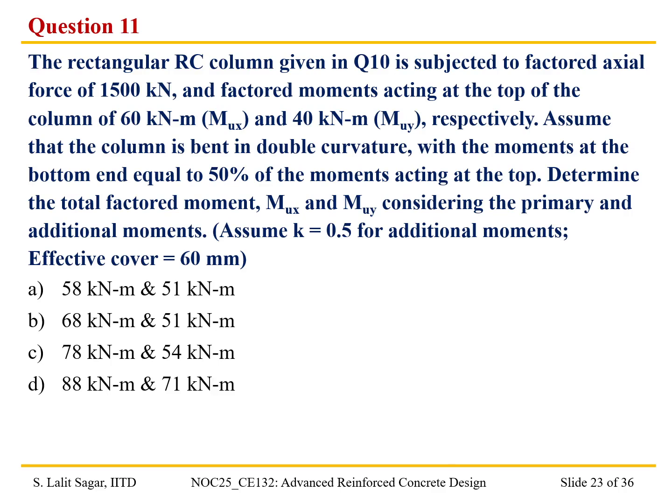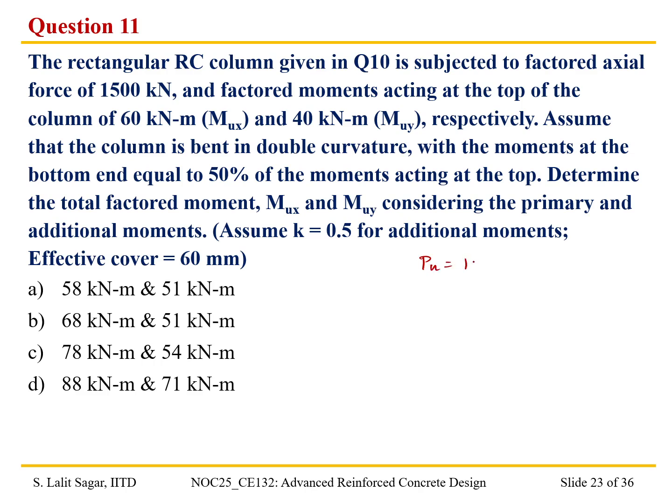So we are going to design this slender column. Here is the data. For the rectangular RC column given in question 10, subjected to a factored axial load of 1500 kilonewton, I'm going to write down the values here.